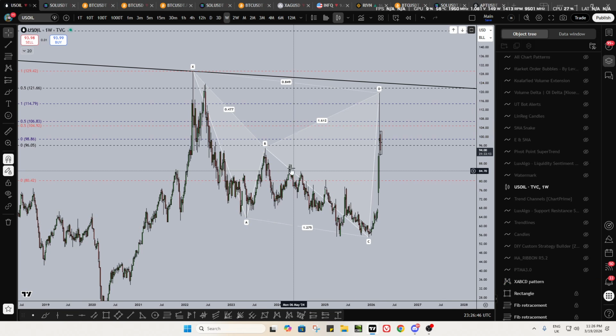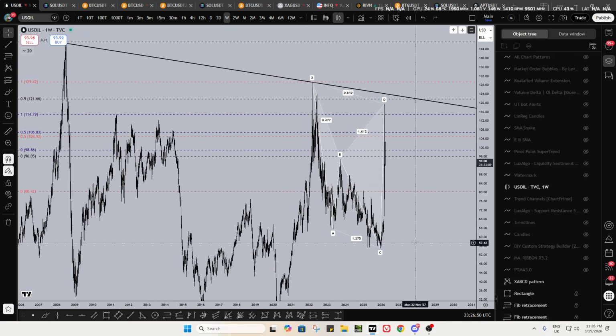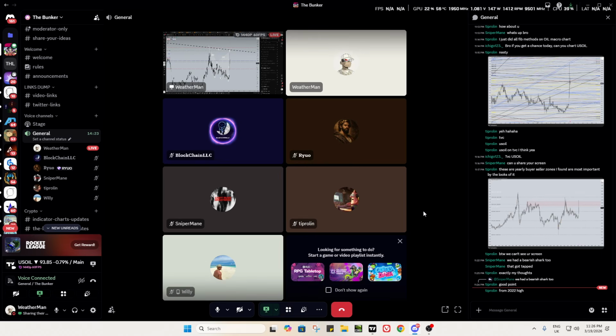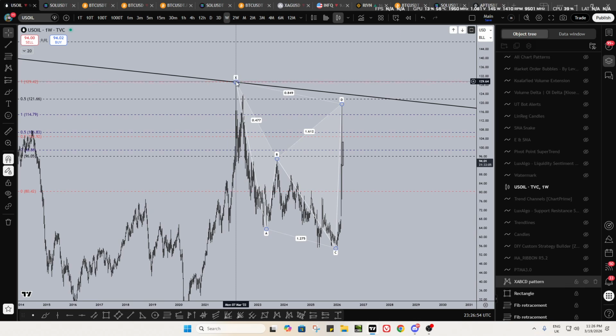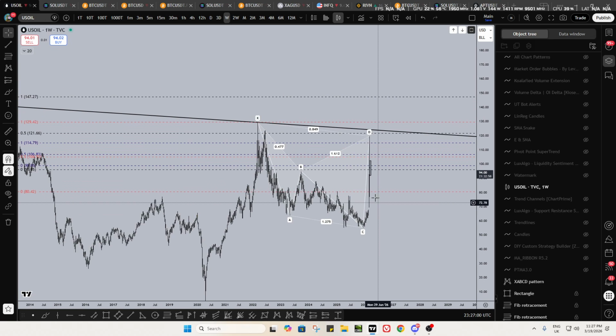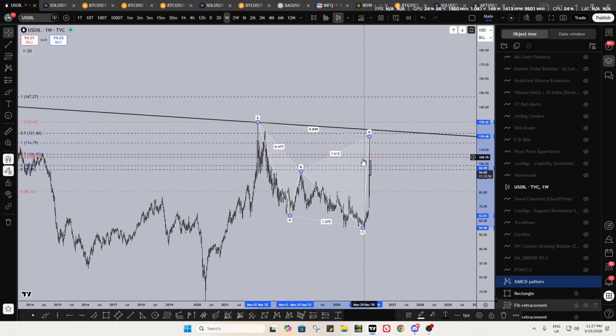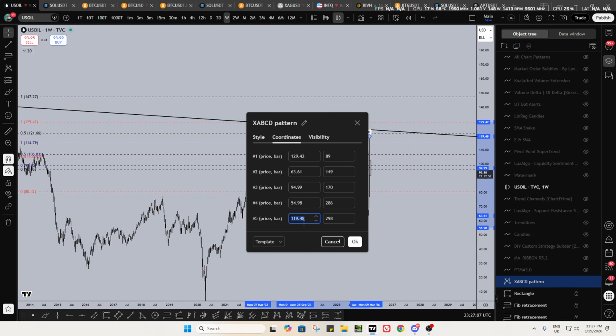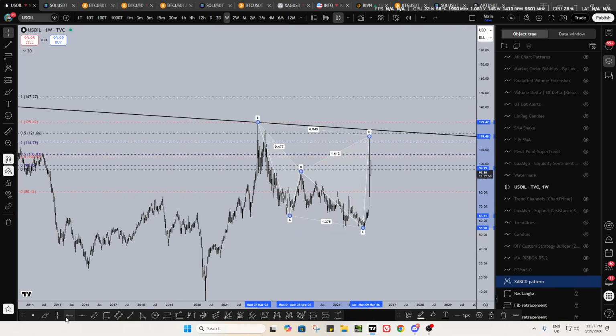There we go. From the 2022 high. Yeah, from that one. Okay. One of them definitely has the 1.618. If I was to draw out a PRZ, I would look at it like this. One sec. Oh, wait, no, not like that. Like this.